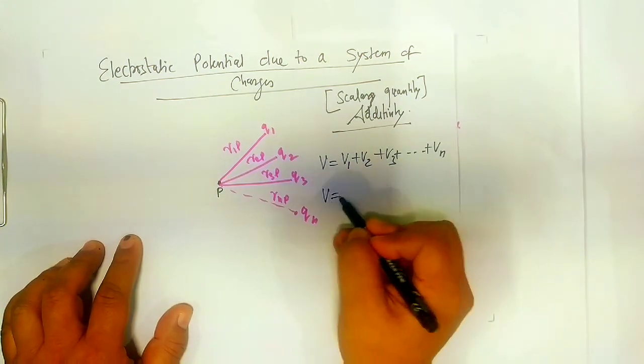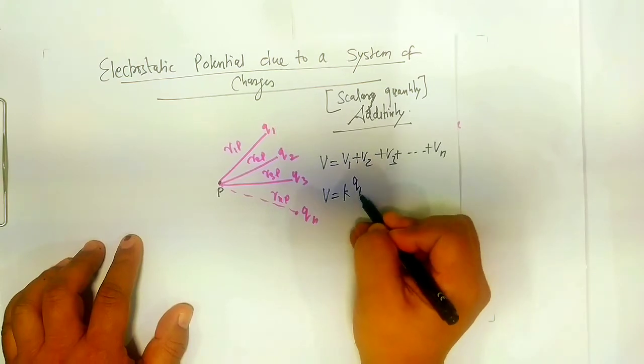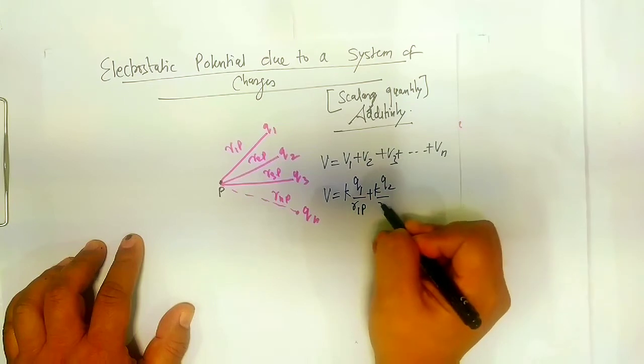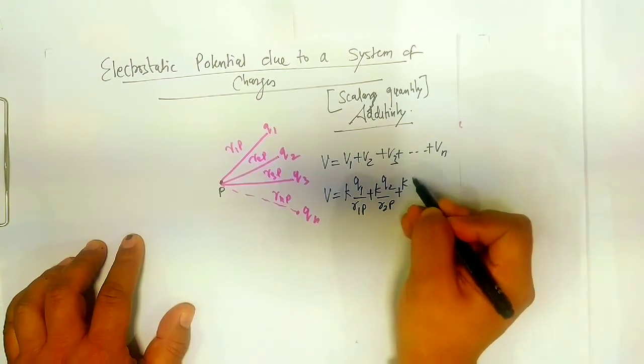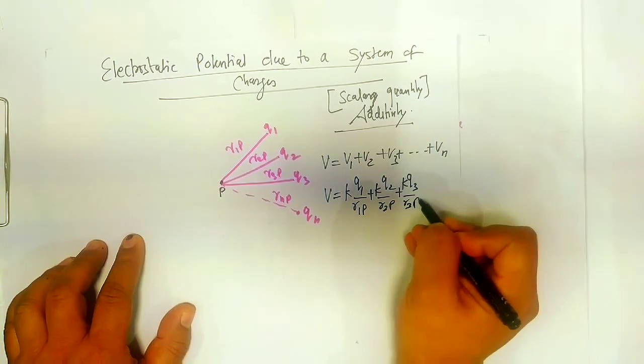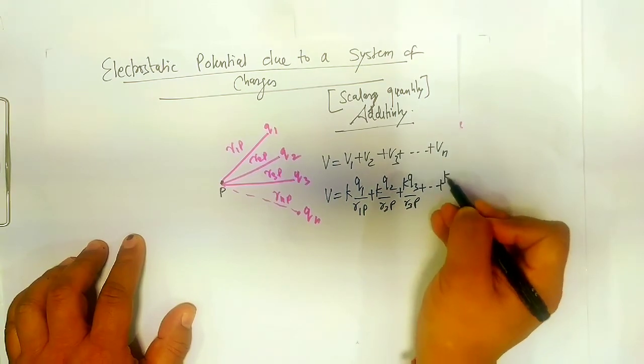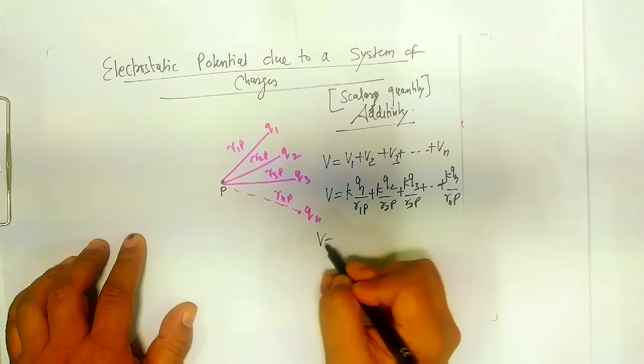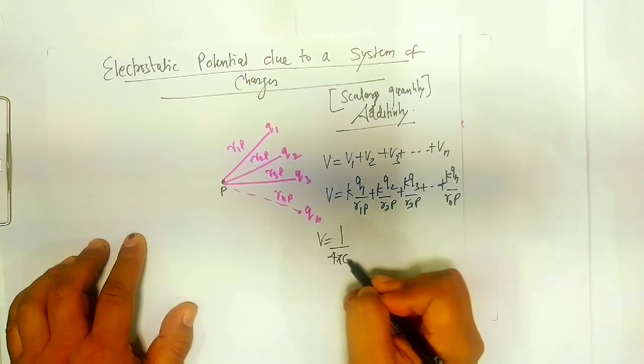So we can add them. What is potential? KQ by R. So KQ1 by R1P plus KQ2 by R2P plus KQ3 by R3P plus up to KQn by RNP.